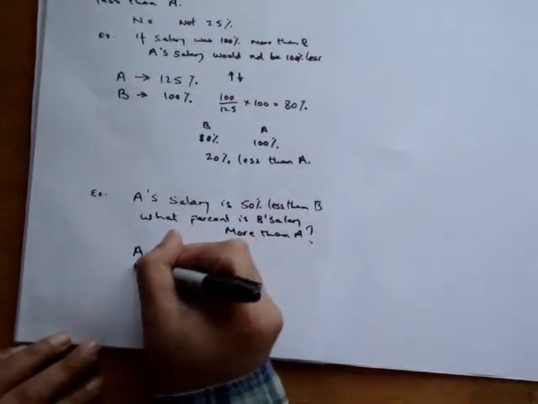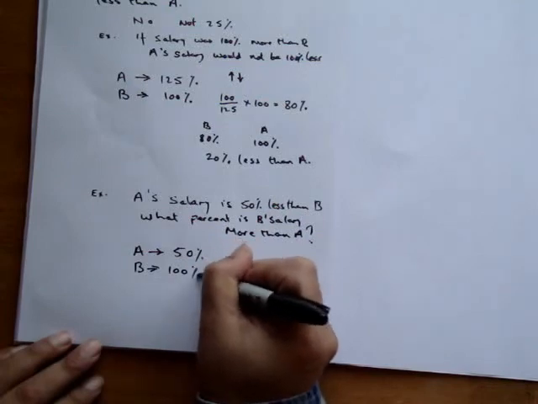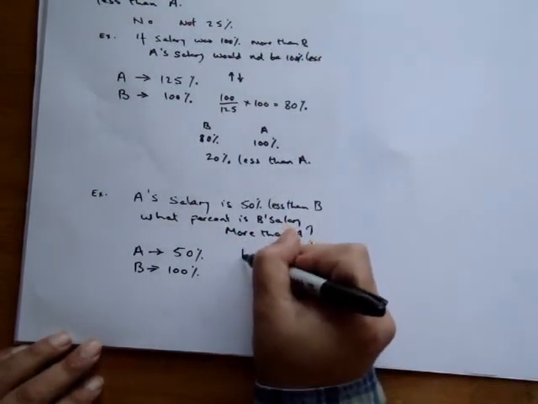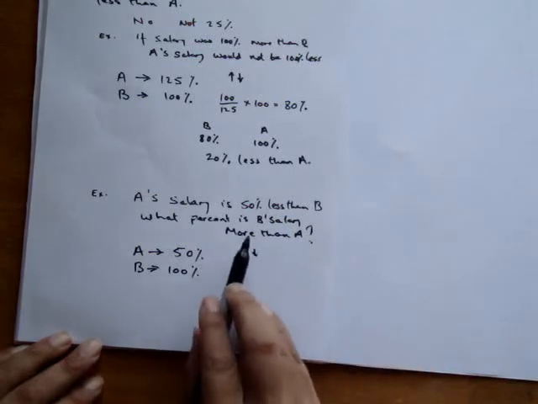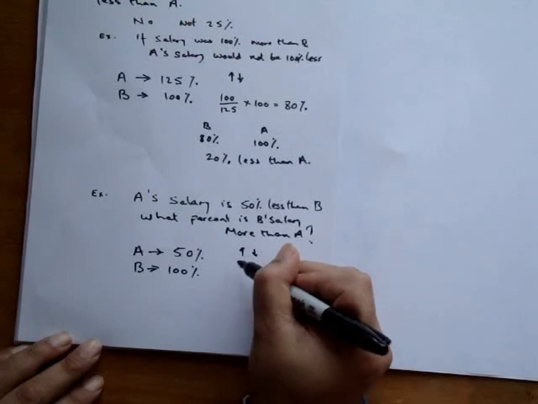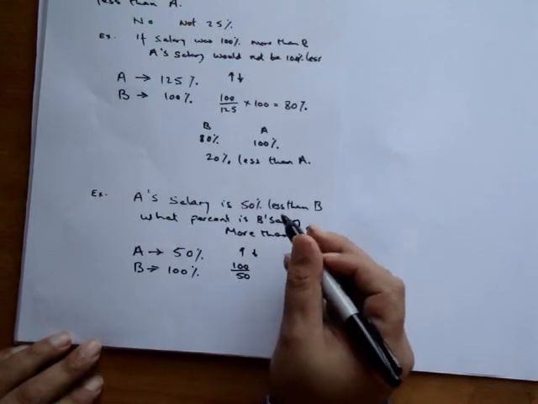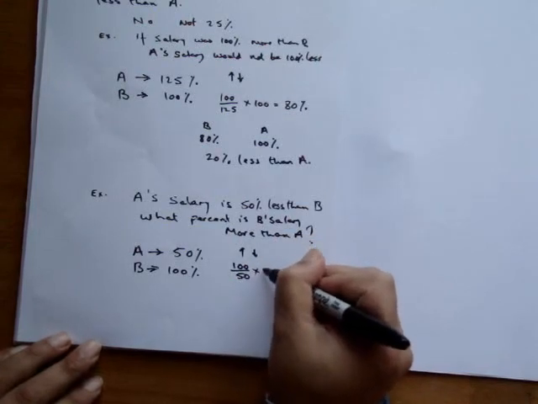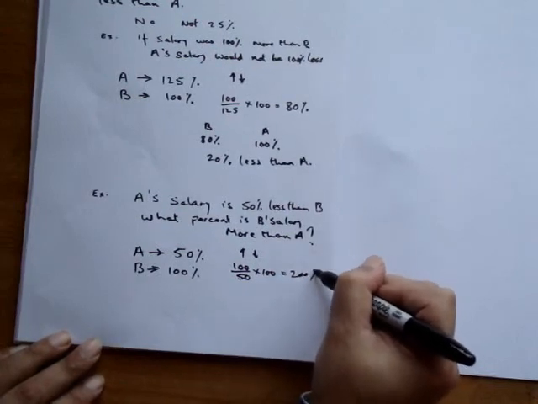B would be the 100%. Let's look at our ratio. Do we need to go higher or lower? B's salary is more, so we want to go higher. So our ratio of percentages, or our scale factor, would be 100 over 50 times 100, which is 200%.